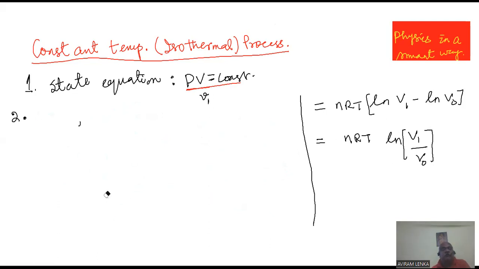Number two, W equal to the last step that we got, that is nRT ln V2 by V1.